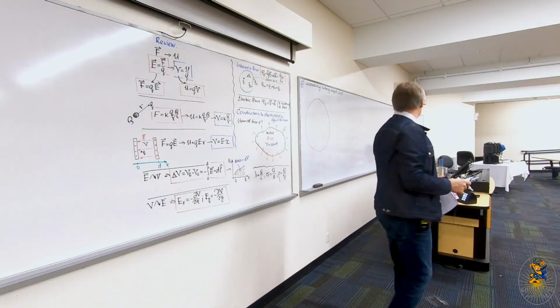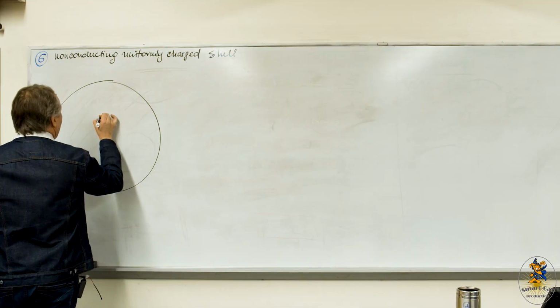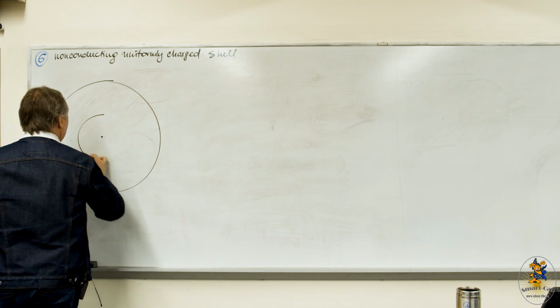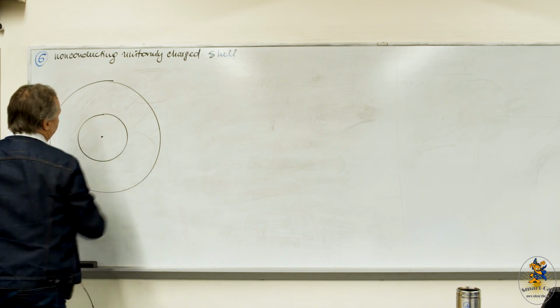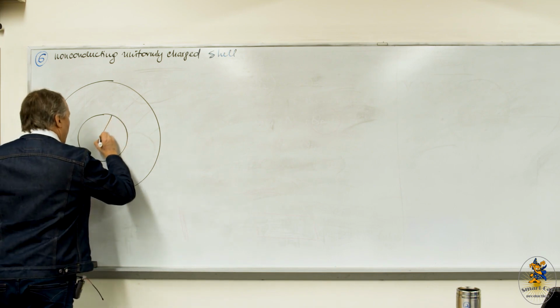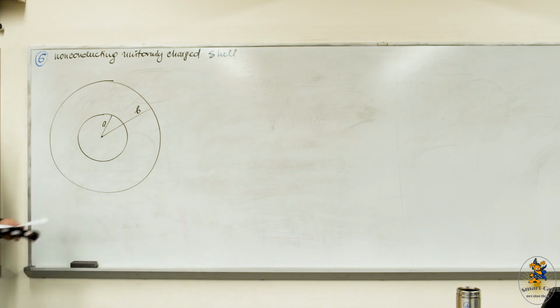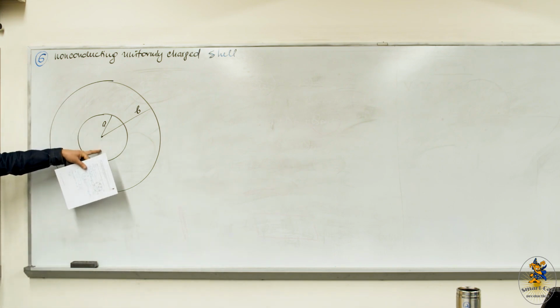It's good for Friday evening, right? So that will be outer surface, and now let's say this will be our inner surface. Okay, radii A, B. So this is a hole.